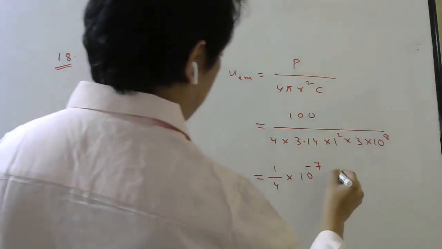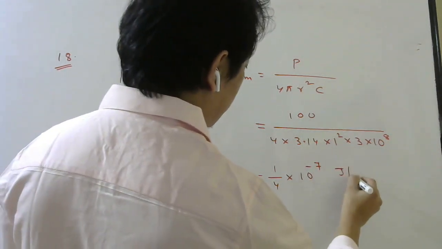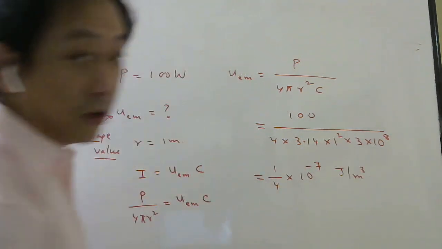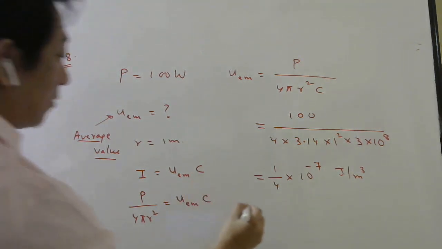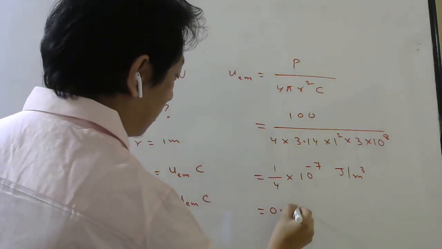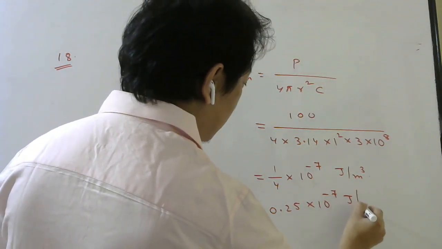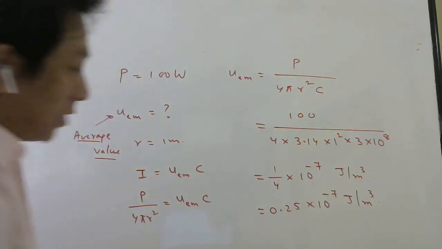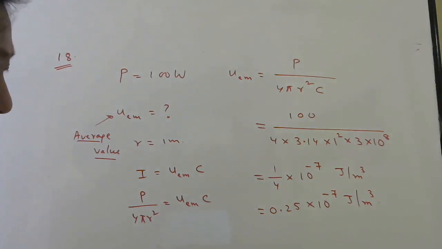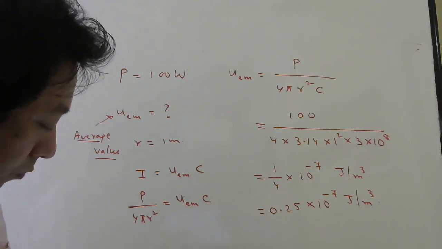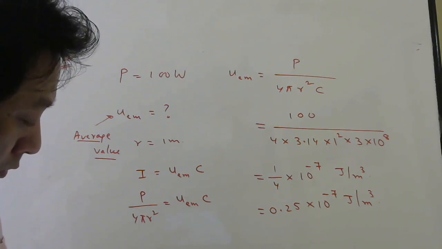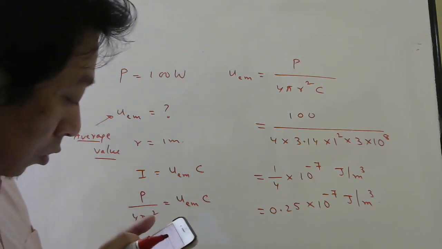So that will be the energy density, which is joules per meter cube. For 1 by 4 I can write 0.25 into 10 power minus 7 joules per meter cube. So that is the energy density of EM waves, which is the option. So here they want me to write in terms of the options.